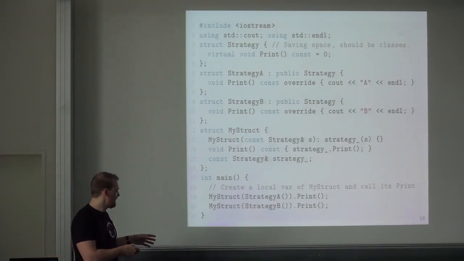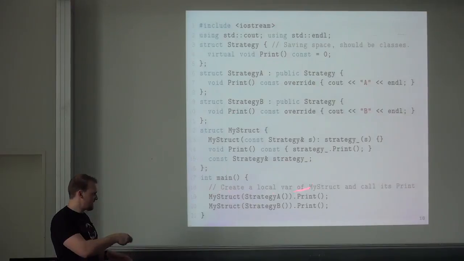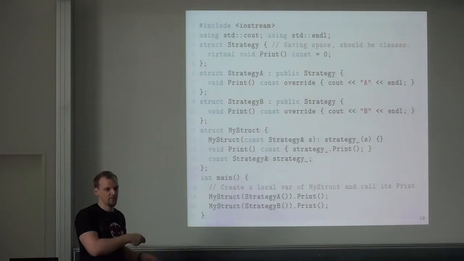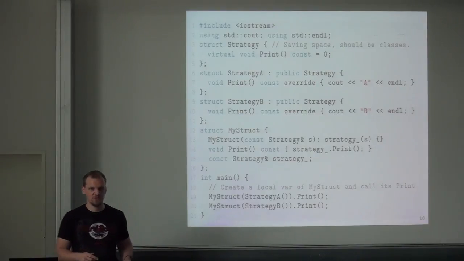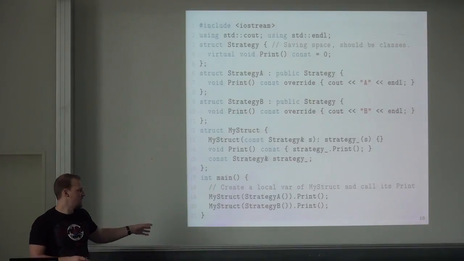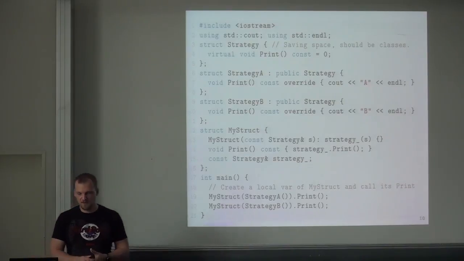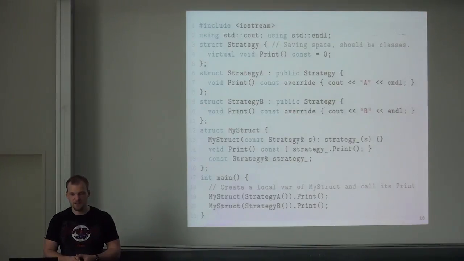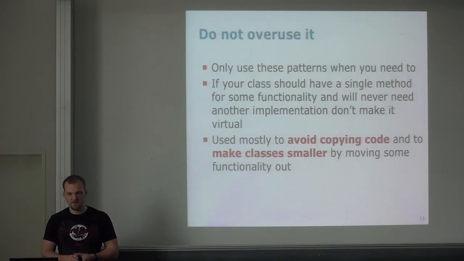So try to always create a local variable here and pass this local variable over here. That's the way you should generally do it. I just did it here, not that way, to save some space. All right. So I hope the strategy idea is clear.